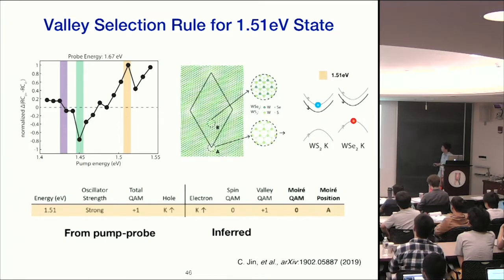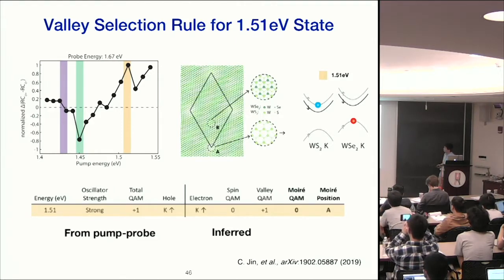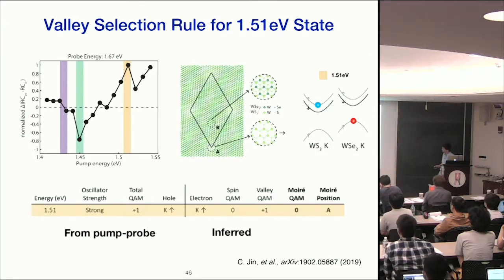by combining all this together, we can really determine the spin and valley state for individual transitions. For example, from the pump probe measurement, we know the resonant energy, and we know it's a strong signal.